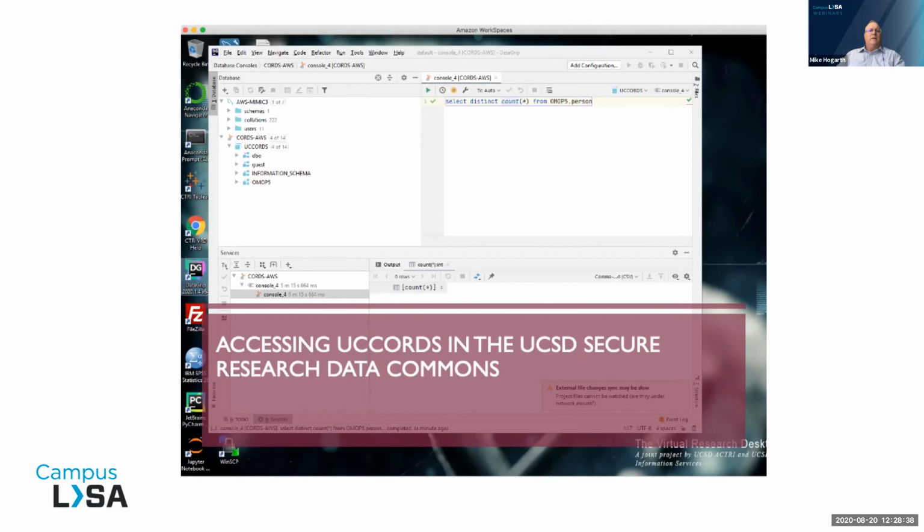This is a database tool that we have gotten very favorable licensing for from JetBrains. This is DataGrip, which is a multi-database capable SQL client. In this case, it's accessing the data set known as CORDS, which is the UC-wide data warehouse distribution of the COVID data set, which started happening about 2 months ago.